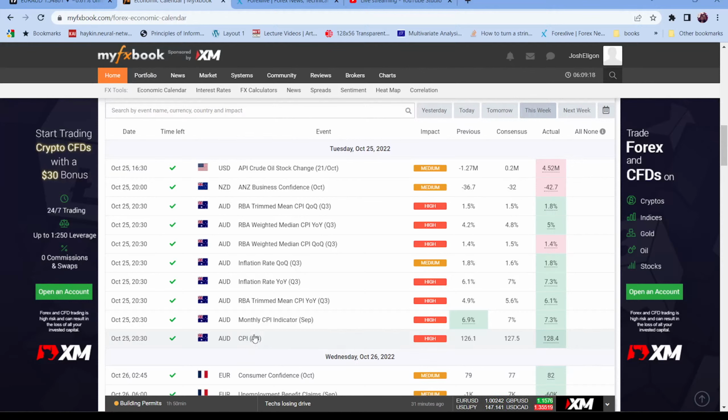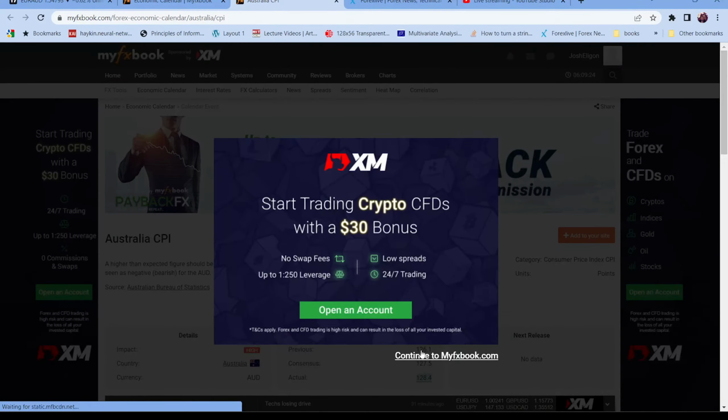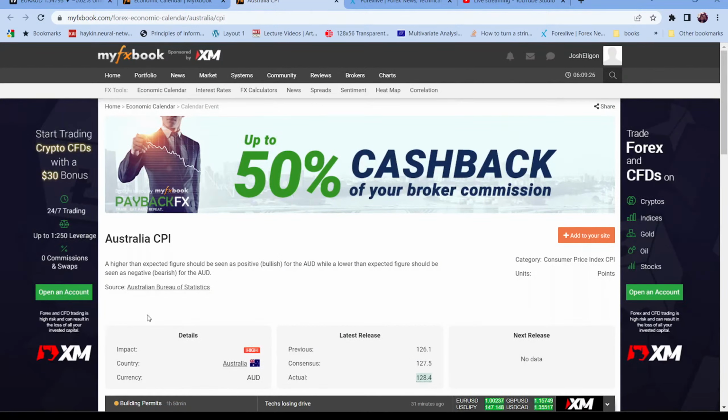A lot of central banks use CPI. If we take a look here, they say a higher than expected number is considered positive for the AUD, while a lower than expected figure should be seen as negative, right?